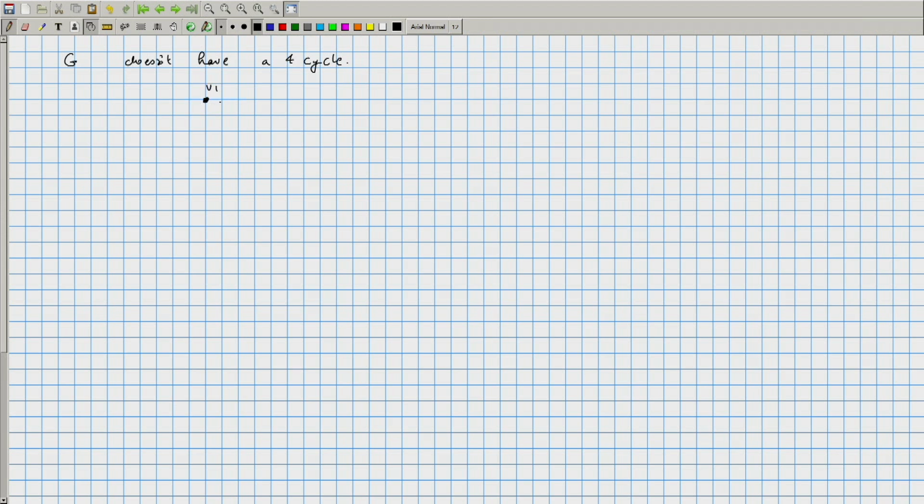So let us say the ordering of the vertices is V1 to V2 to V3 and so on. I do not know whether V1 is vertex 1 or V2 is vertex 2 and so on, but there is some order in which you can traverse all of them.